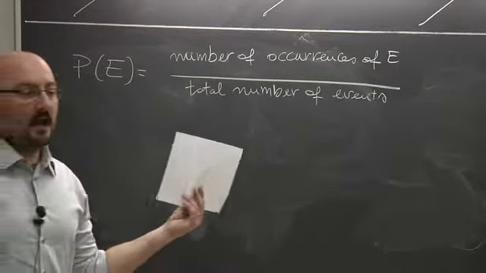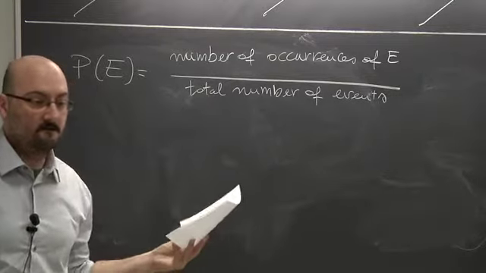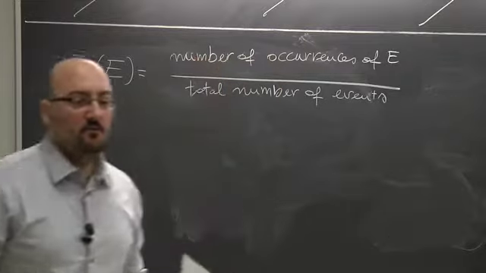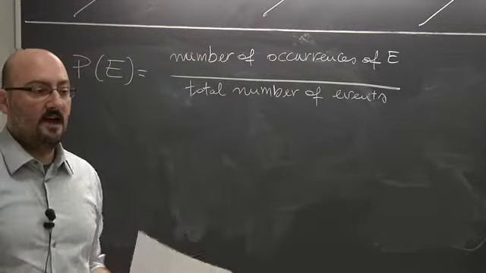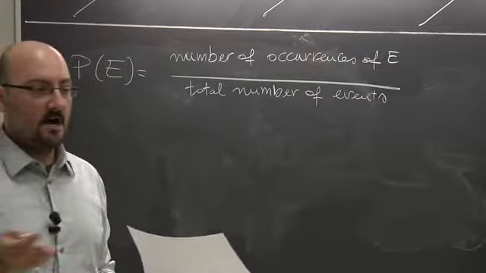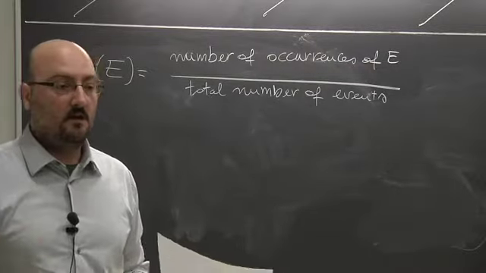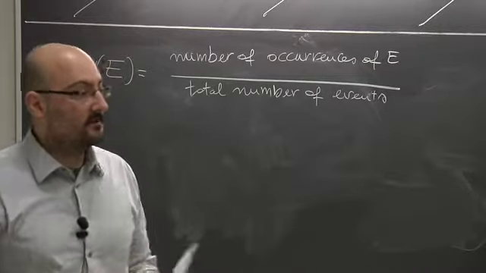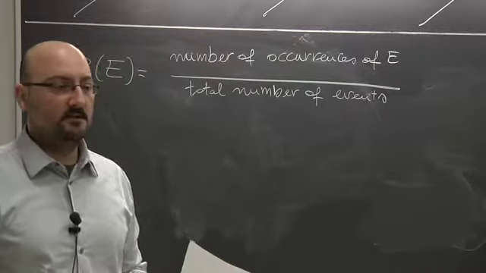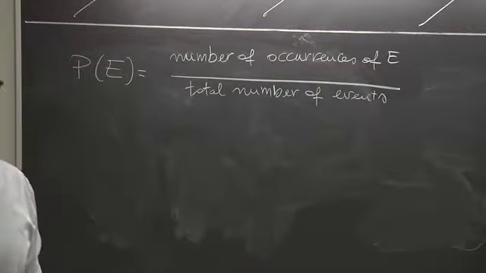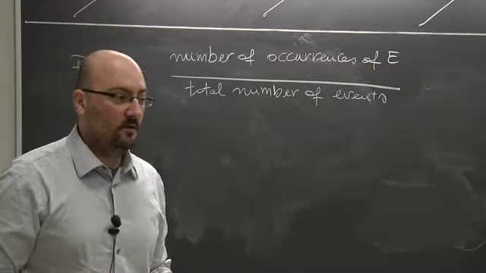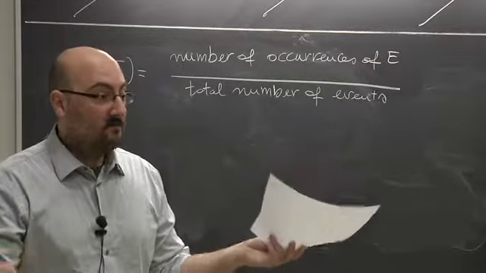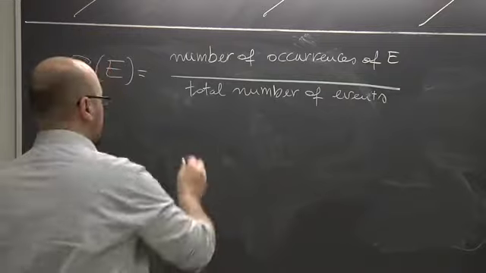Sometimes we can count the total number of events. For example, if I want, I can count how many of you are there, and there are 15, okay? And I can count how many are guys and how many are girls. Okay, I think you are 8 and 7. Let me count the girls. Yes, okay? So the probability that somebody in this room is a guy is 8 divided by 15.